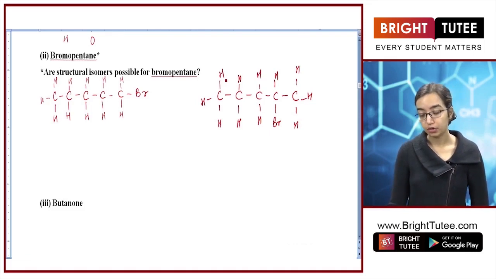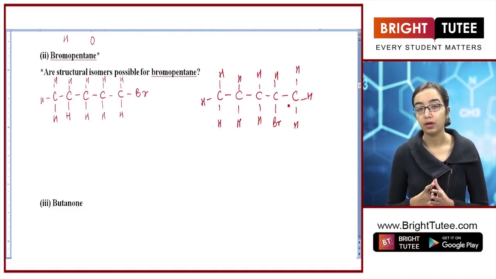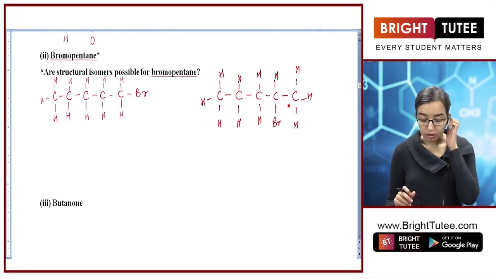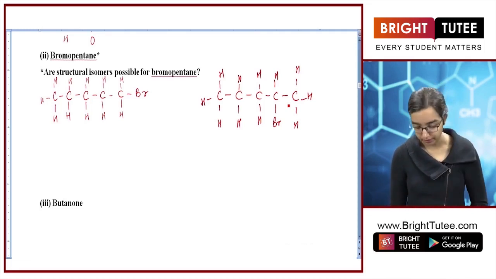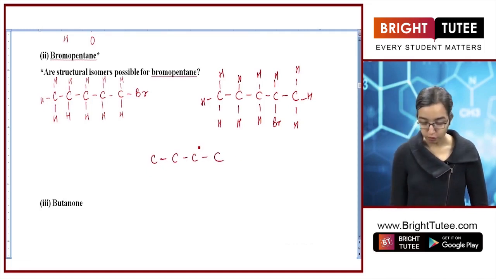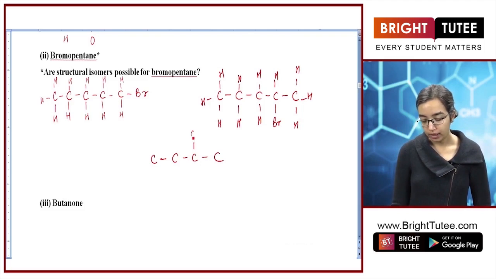Another option of a structural isomer of bromopentane can be when you make different structural isomers of pentane that you did previously. So we draw a 4 carbon chain. On the second one, we add a carbon.